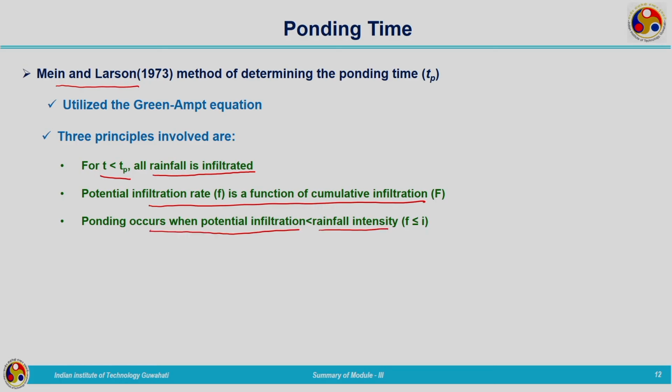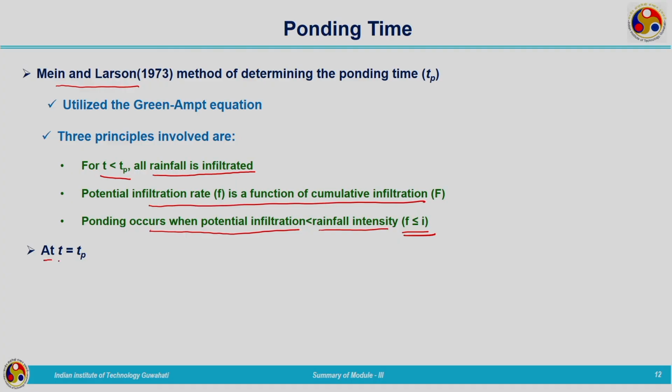Small f was a function of capital F. Ponding occurs when potential infiltration is less than rainfall intensity, that is f is less than i. That means the intensity of rainfall is more, so infiltration is at a potential condition.